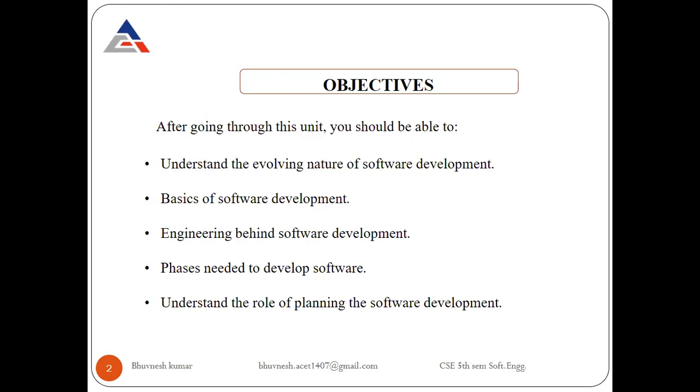Then the second objective is the basics of software development, means we will study how to develop software. We have only used software, online applications, web applications, desktop applications, but we do not know how these applications are developed.